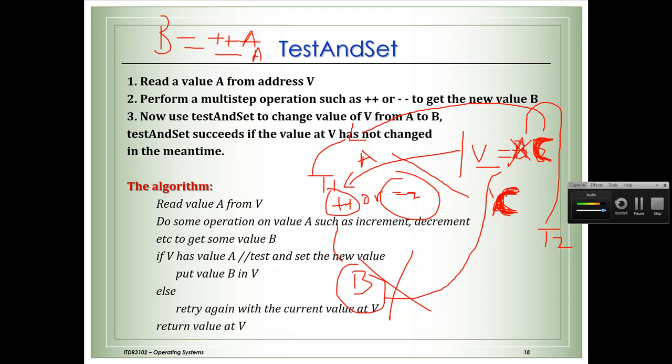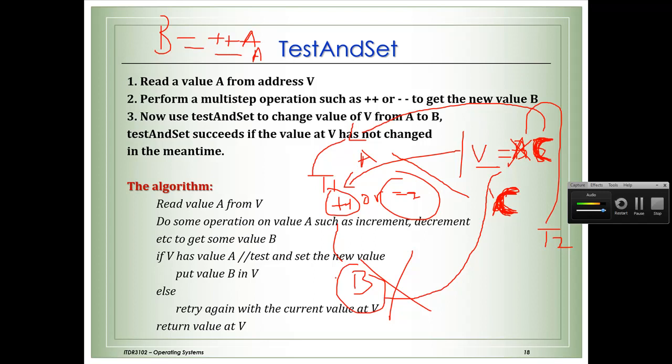Why is it not storing B in the location V? Because before it stores the result, some other thread, let us say T2, has already changed the value from A to C. You understand?